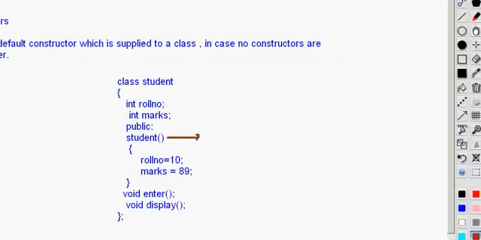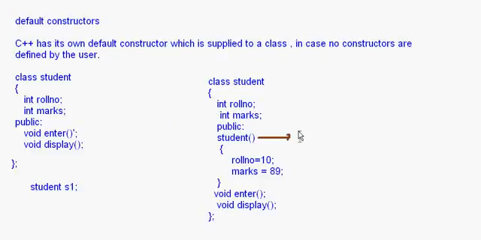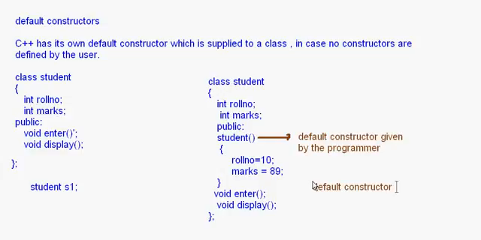So this again is a default constructor given by the programmer, right? So here we should remember that a default constructor will not have any parameters.